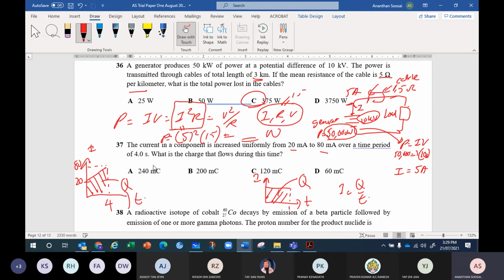So you find the area, a trapezium: 20 plus 80, times the height 4, over 2. The answer you get is in millicoulomb because I never changed milliampere to ampere. So 100 times 4 is 400, halved is 200. 200 millicoulomb. Is it B?